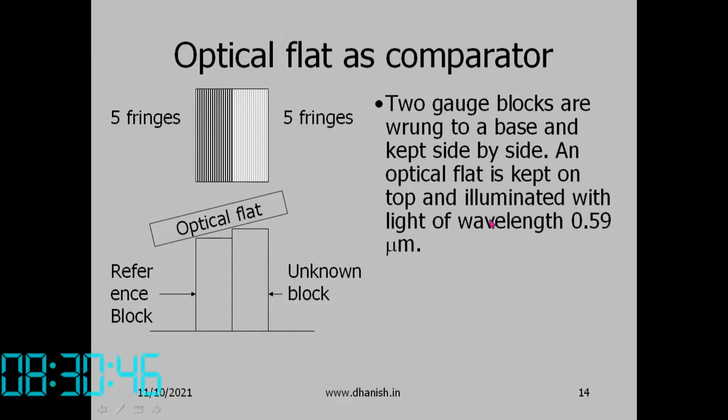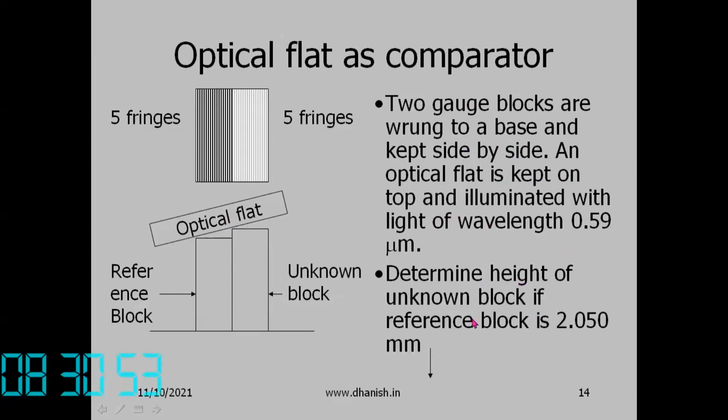An optical flat is kept on top and illuminated with light of wavelength 0.59 micron. Determine the height of the unknown block. Your reference block is 2.050 mm. So this distance should be 5 lambda by 2 plus this 2.050.